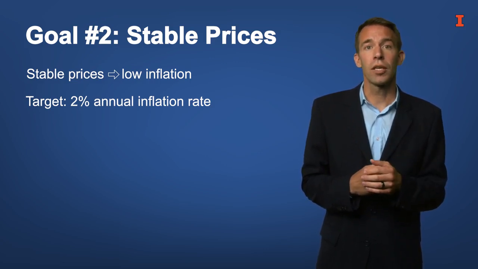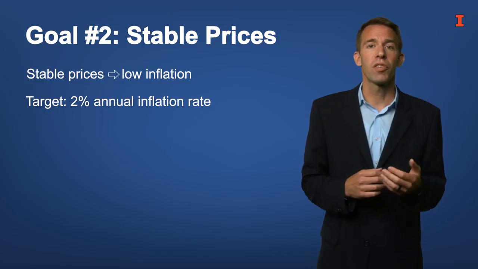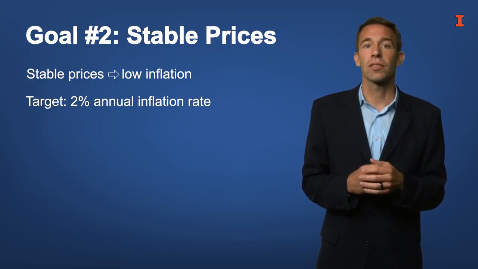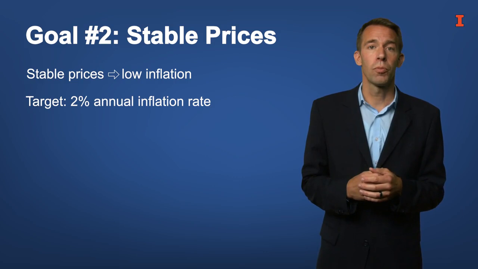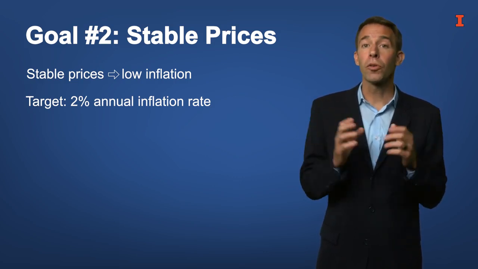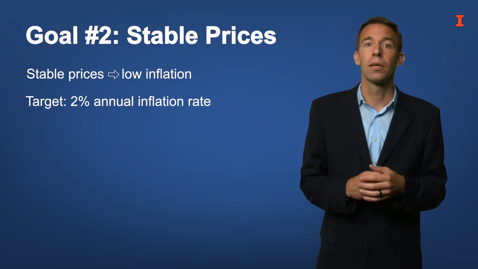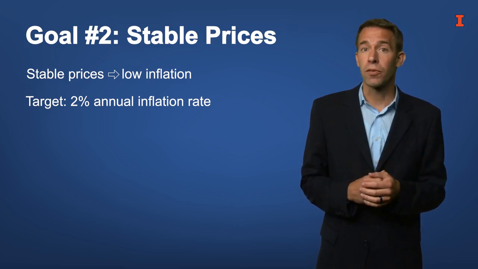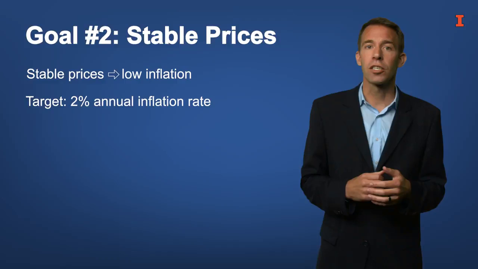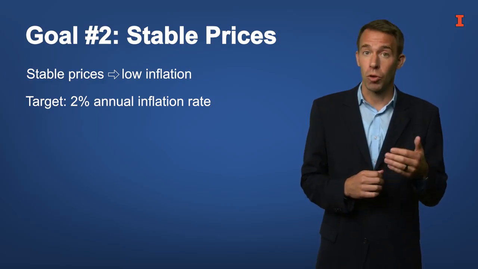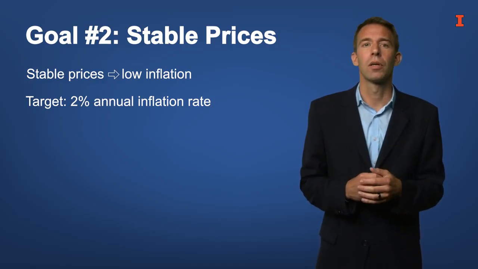Since 2012, the FOMC has announced it judges an annual rate of 2% consumer price inflation to be most consistent over the longer run with the Federal Reserve's statutory mandate. Similarly, the European Central Bank shoots for inflation below but close to 2%.